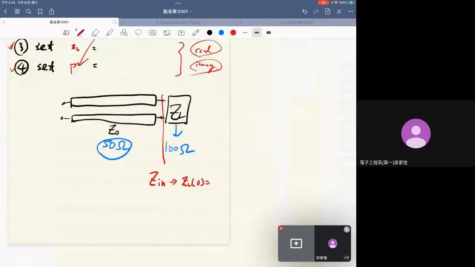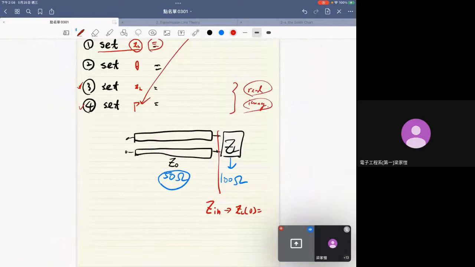And for your answers, this is RL plus jXL, right? And what is RL? And what is XL?